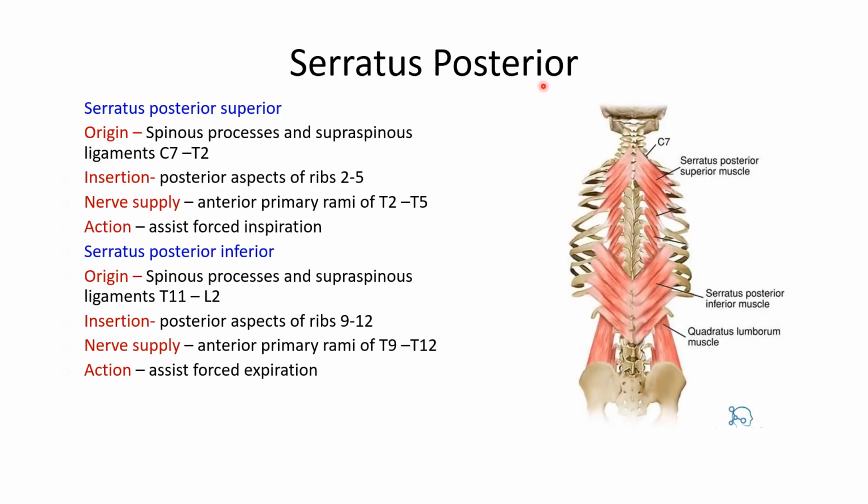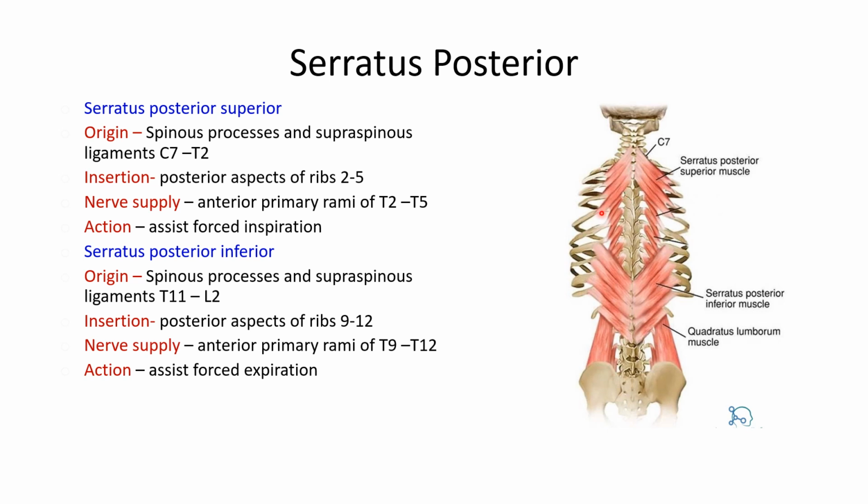Coming to the serratus posterior, there are two muscles in this: serratus posterior superior and serratus posterior inferior. If you observe here, this is the serratus posterior superior and this is the serratus posterior inferior. The serratus posterior superior originates from the spinous processes and supraspinous ligaments of C7 to T2 vertebra.